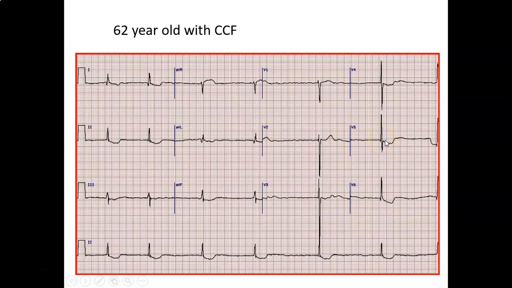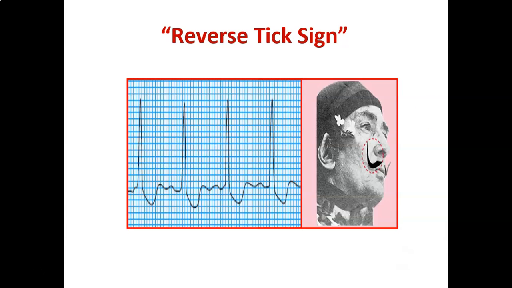This is gradually downsloping ST segment depression. The patient is also a known case of congestive cardiac failure and maybe he's taking some medicine. So this is the digitalis effect. This is your Salvador Dali sign, the reverse tick sign associated with digoxin, digitalis.